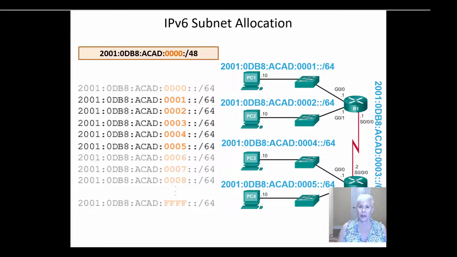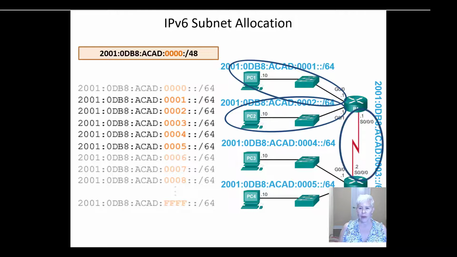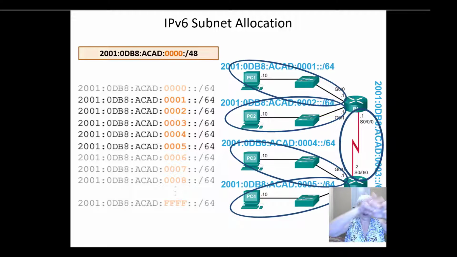If you've been studying IPv4 with me, remember we assigned each LAN its own network, each WAN its own network. We're doing the same thing with IPv6. There's a network, there's a network, there's our third, fourth, and fifth. We're just going to address so that every network has that umbrella that holds them together.